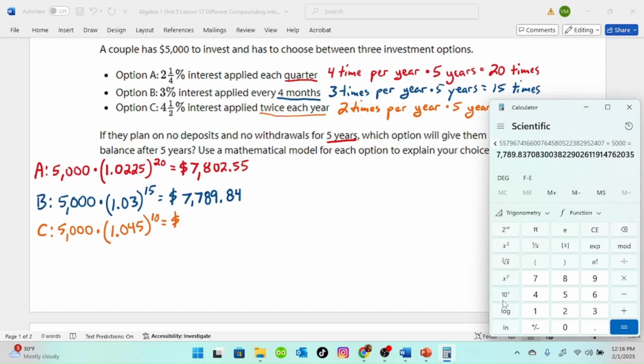We go into the calculator. 1.045 to the power of 10 equals approximately 1.6. We multiply this by the original $5,000, and we see that they would make $7,764.